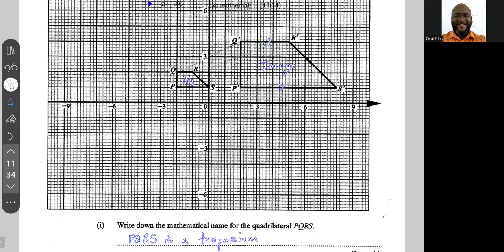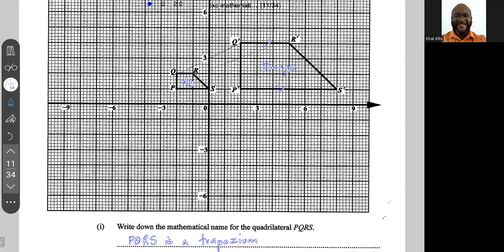Now, guys, in an enlargement, a straight line passing through corresponding points on the object and on the image must pass through the center of enlargement. So to determine the center of enlargement, we're going to draw a straight line through corresponding points on the object and on the image.